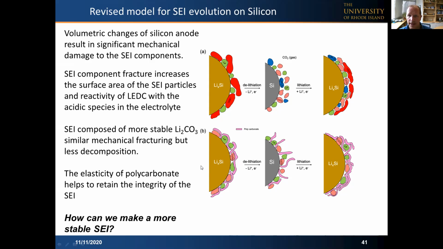As we delithiate the anode, the mechanical flexibility of these polymers allows the SEI to flex and then come back without damaging the rigid inorganic SEI components. And then as we relithiate, the integrity of the SEI film stays, and we have a great overall stability. So with this understanding, how could we go back and now design a more stable SEI on the silicon anode?